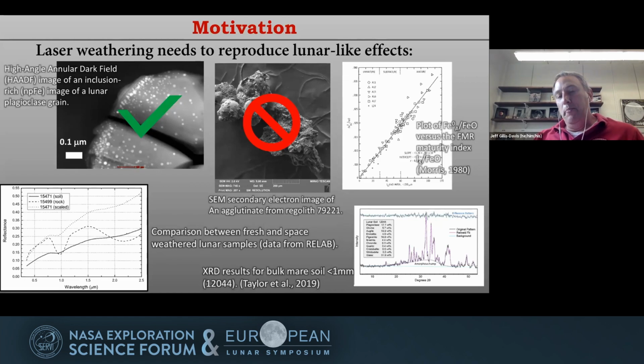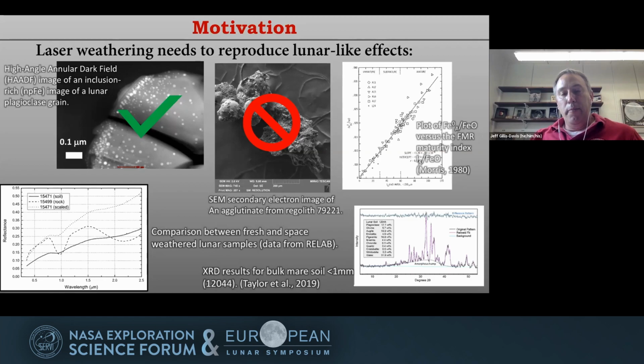And by the lack of producing these agglutinates, we also don't make a lot of nanophase iron and microphase iron. And this feeds into the magnetic signature that was measured by Morris in his '76, '78, and '80s papers, where it became a maturity index where the I sub S normalized to the FeO matches and is used for maturity parameters.